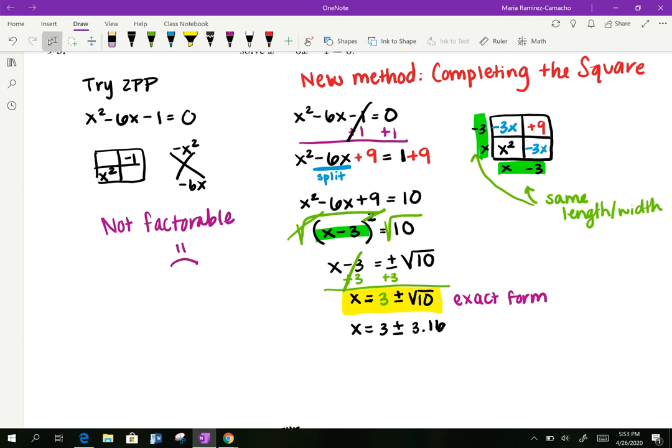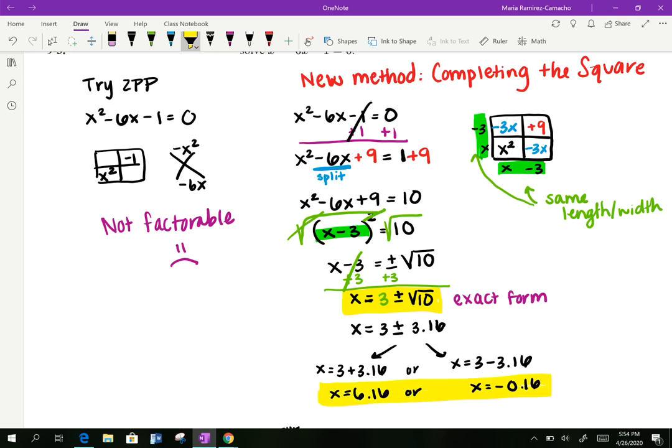So again, this plus minus means that you can do 3 plus 3.16, or you can do 3 minus 3.16. Here, you'd get 6.16. Here, you get negative 0.16.